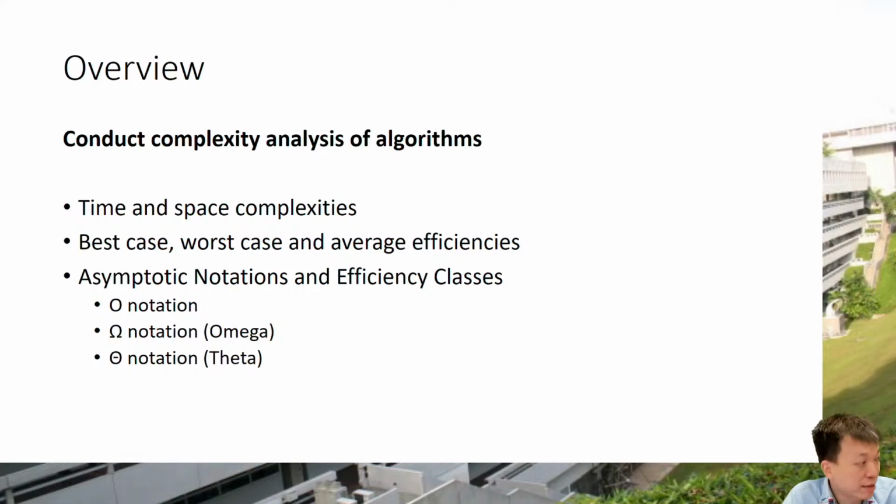After you analyze it, how do you represent your complexity? We will introduce a few notations which you may have heard about: big O notation, big omega and big theta notation. And what is the difference between these, and what is asymptotic? This will be covered in this lecture.